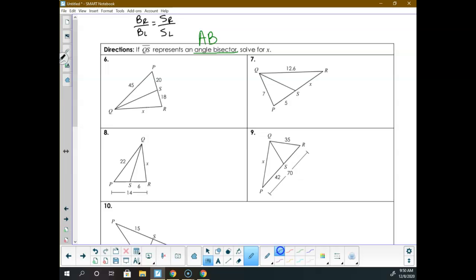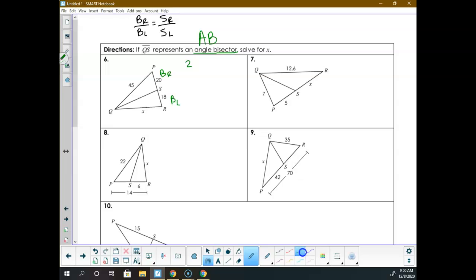Now, when I'm talking in terms of bottom right, bottom left, I would look at like number 6, and I'll get to number 8 here in a minute. But when I'm looking at that, this would be bottom right, this one would be bottom left.